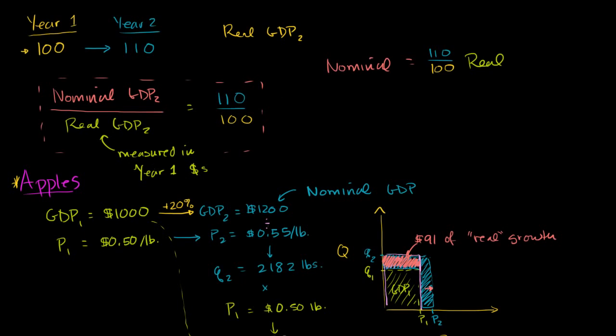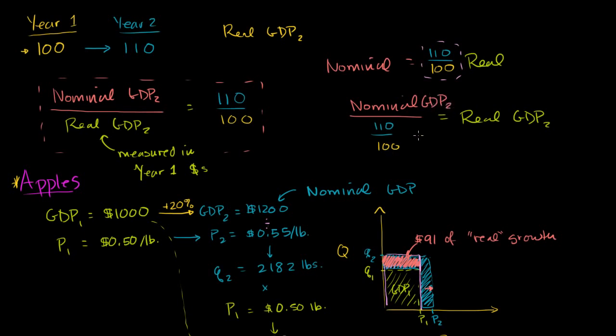Or we can divide both sides of this equation by this 110 over 100, and then we get nominal GDP in year two divided by 110 over 100 is equal to real GDP in year two. This is nominal GDP in year two.